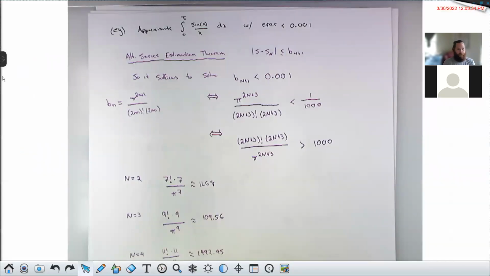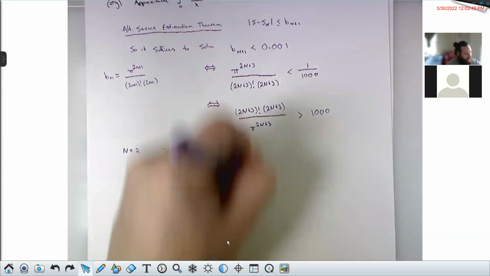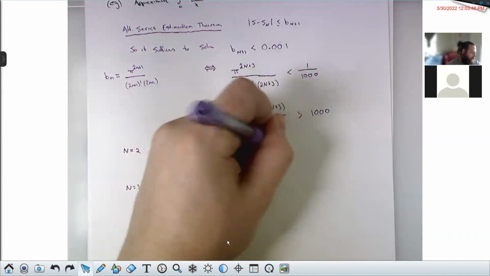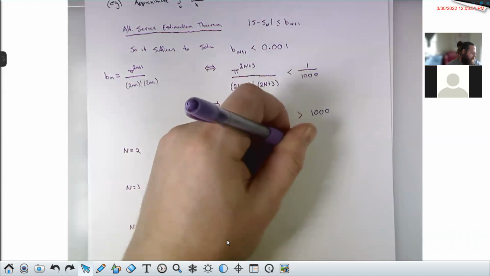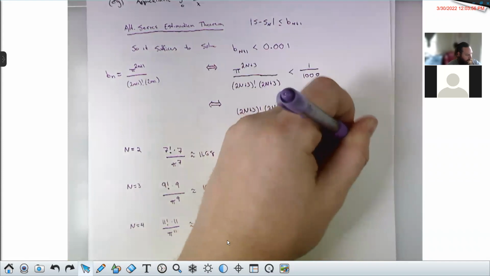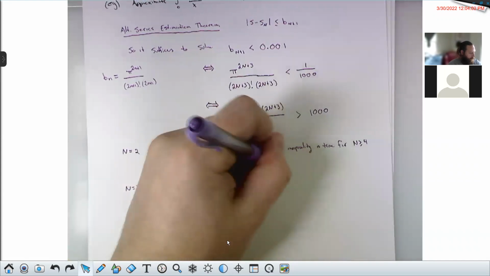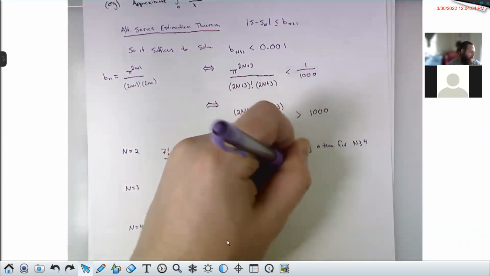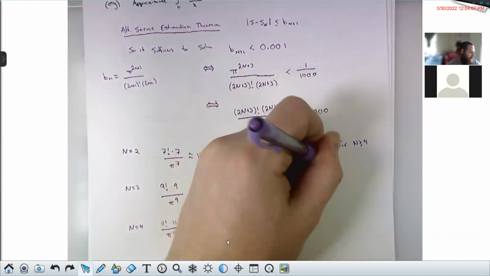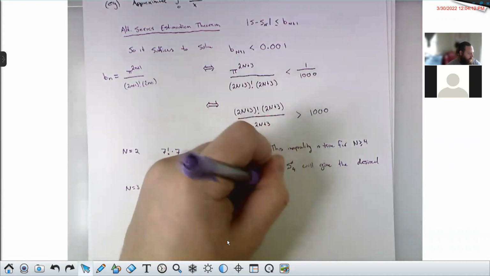So the first time this inequality is true is when n is equal to 4. First integer where that is true. So S4 will give the desired accuracy.